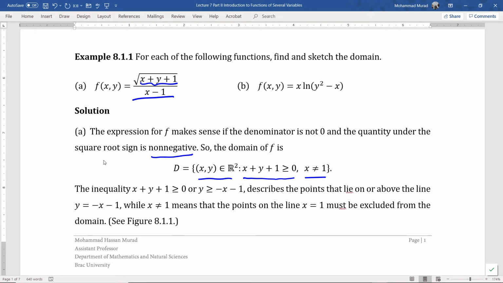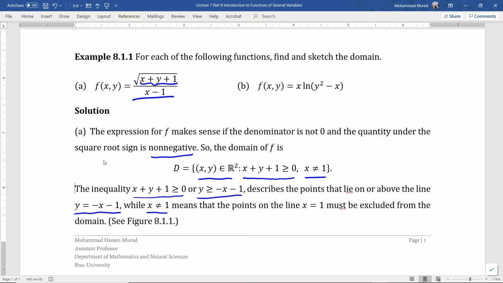The inequality x plus y plus 1 greater than or equal to 0, which can be written y is greater than or equal to negative x minus 1, describes the points that lie on or above the line given by the equation y equals minus x minus 1, while x is not equal to 1.